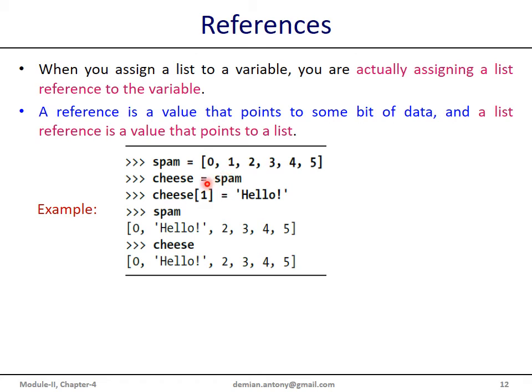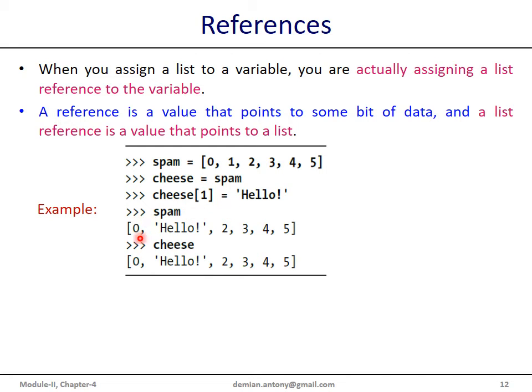We have two references. One is spam, and after this assignment we have one more assignment. As a programmer, we can manipulate the list either using the list reference spam or the new list reference cheese. Let us modify this. We change the element at index 1, that is the second element, with a string value by using the second reference, that is cheese.